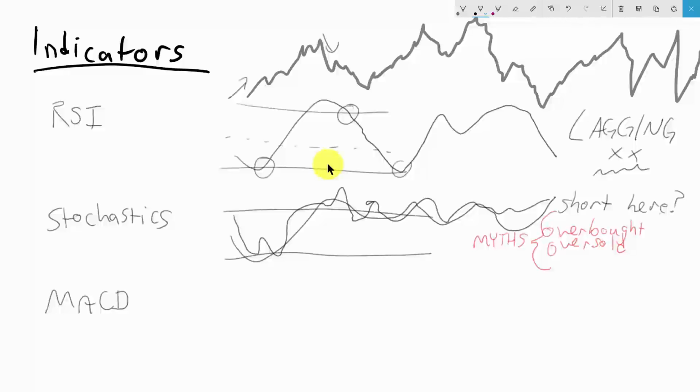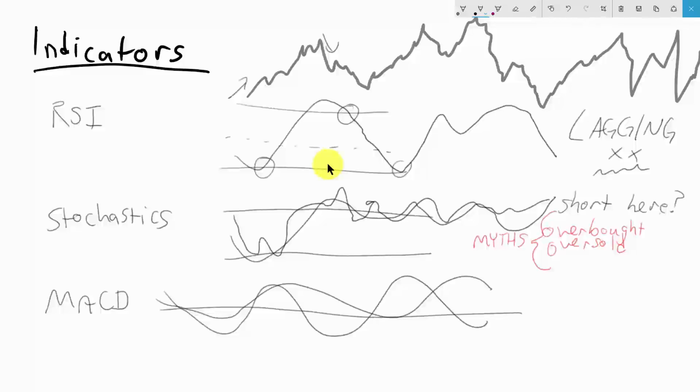MACD, my drawing's not really good enough for MACD, but in general, yeah, it's horrible, right? In general, I'm not even correlating this up here. The signals are off, so signals don't always match up. They give you mixed signals. I mean, this obviously would never happen, but it just leaves you still with that problem.